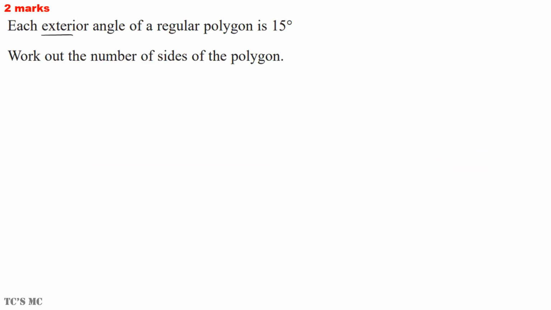Each exterior angle of a regular polygon is 15 degrees. Work out the number of sides of the polygon. The formula we need to use is exterior angle is equal to 360 divided by n. This can only be used when it says regular polygon. Substitute in what we know.